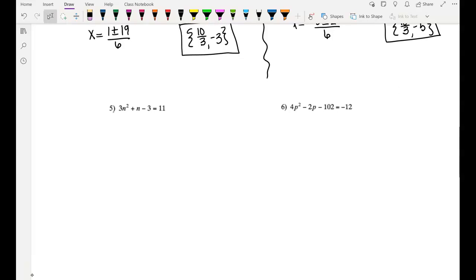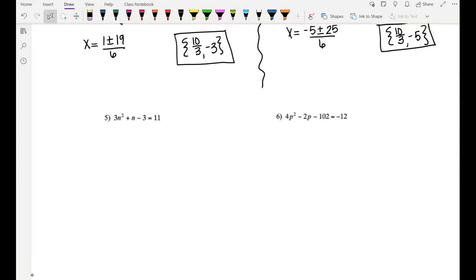All right, number 5 here, 3n squared plus n minus 3 equals 11. I do not have one side equal to 0, so I need to take care of that first. It's a positive 11, so I need to subtract 11 from both sides to cancel that out, so that I have 3n squared plus n minus 14 equals 0.